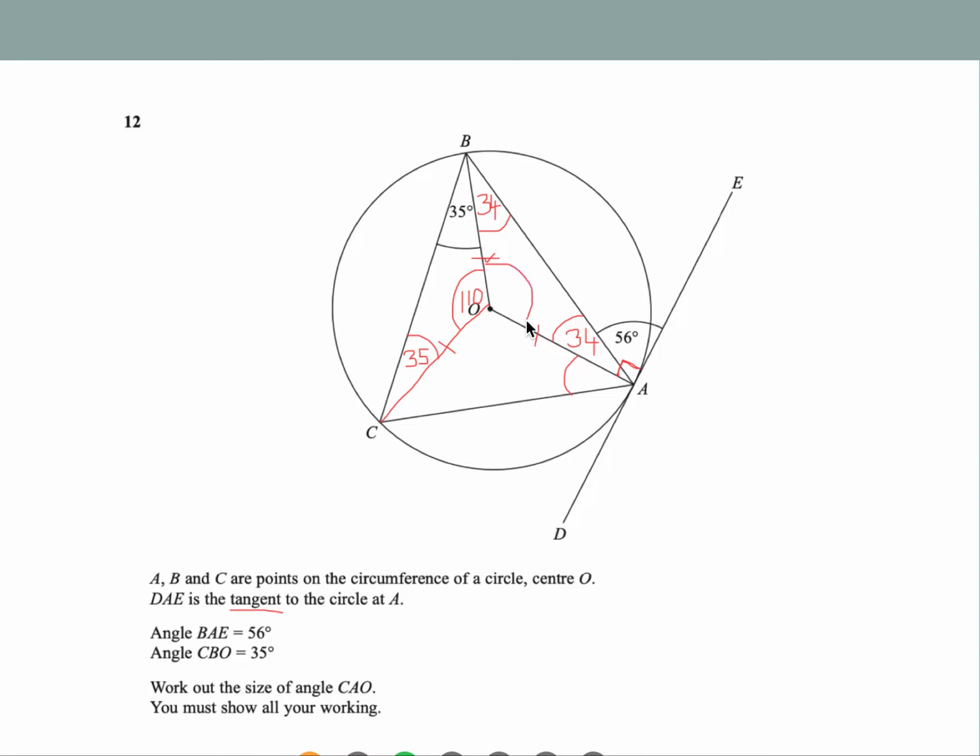And this angle here, 34, 68, 112. So this angle is going to be a full circle, 110 add 112, and that's 222, I think. Yeah, 222. And a full circle is 360 degrees, so we're missing 138.